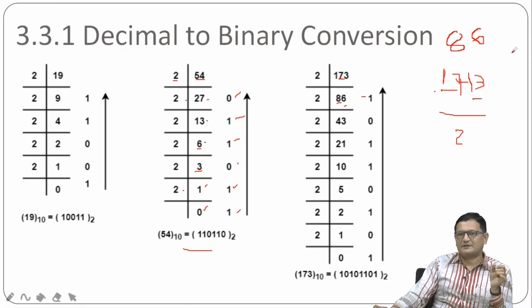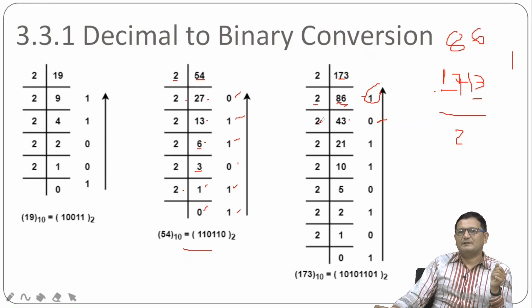So the remainder is 1, and that is why I have written 86 here as the quotient, and this 1 is a remainder. Similarly, divide 86 by 2. Half of 8 is 4, half of 6 is 3, so 43, because 86 is an even number, there is no remainder.